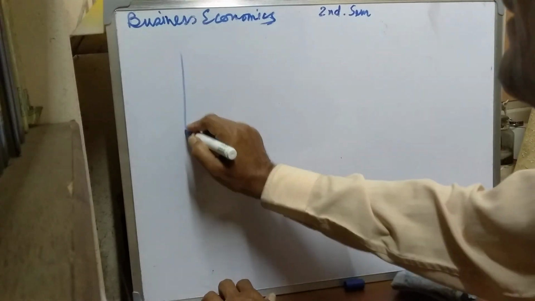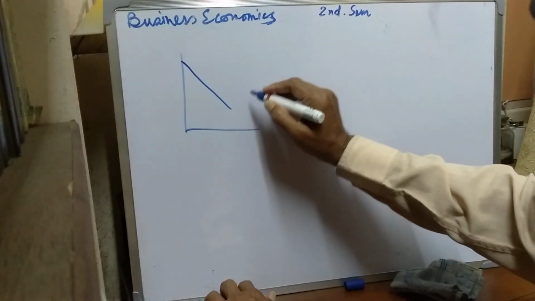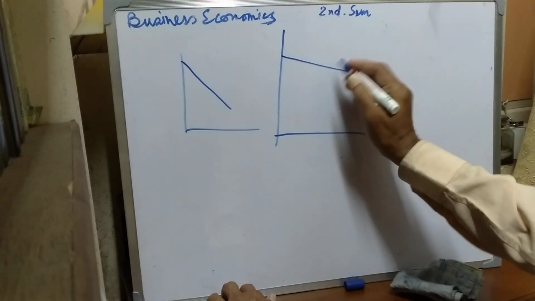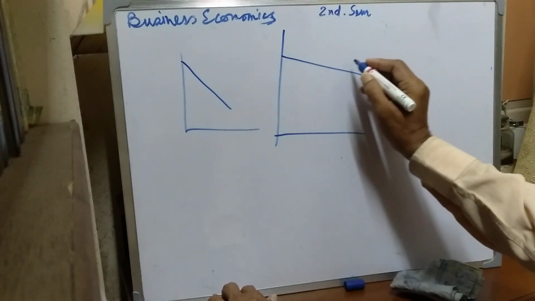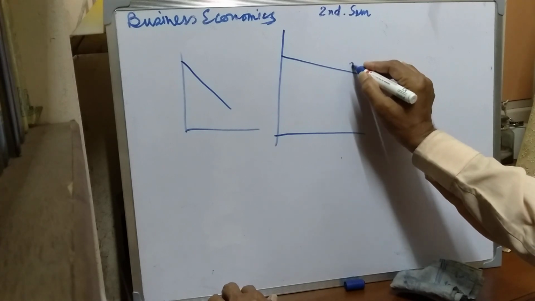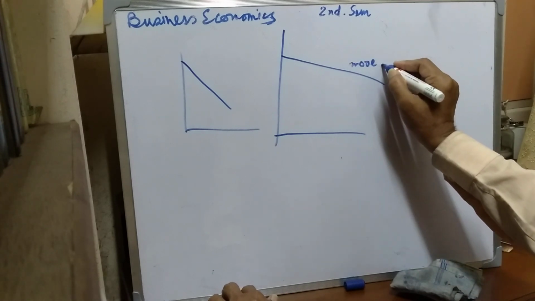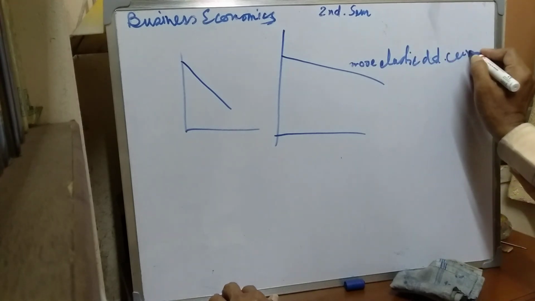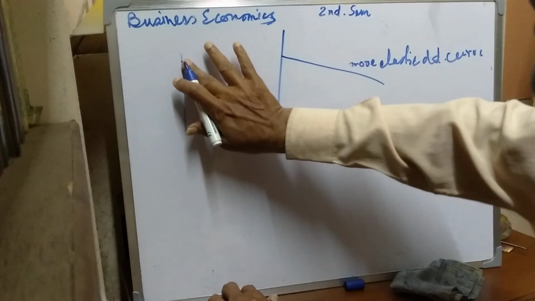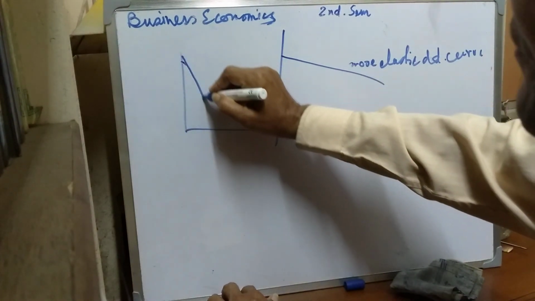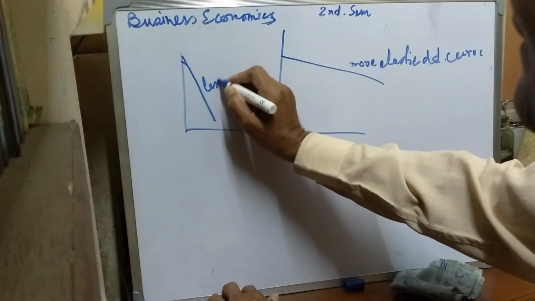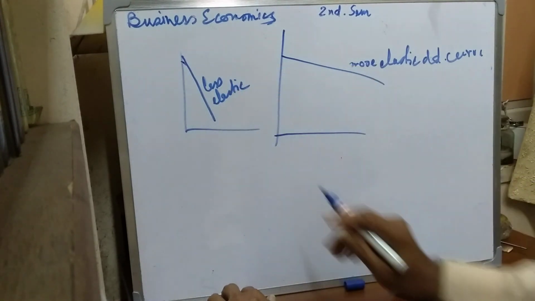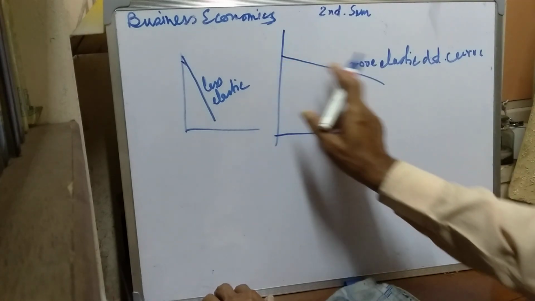Say this is a demand curve, and this is also a demand curve. In normal consequences we can say that this is a more elastic demand curve, and this is less. If it is steep, then it is less elastic. But it cannot be expressed in this way.